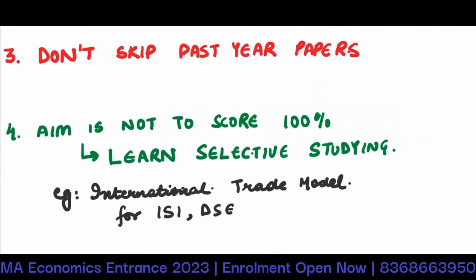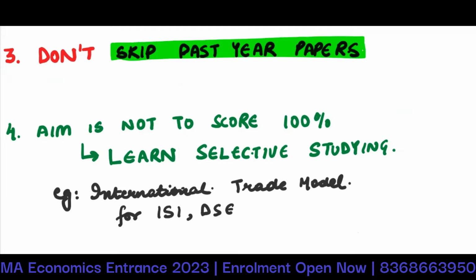Third, don't skip the past year papers. You have to solve all the past year questions. At least for DSE, ISI, IIT JAM, you have to solve the past year questions.